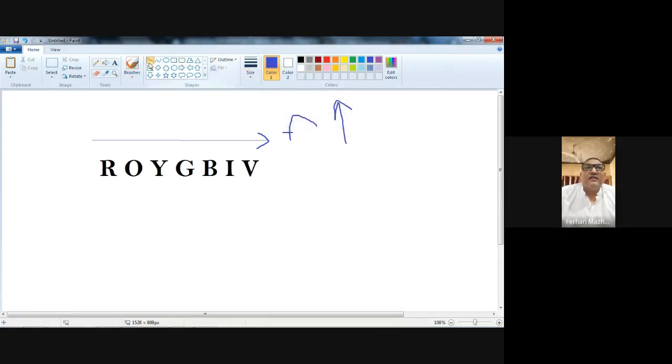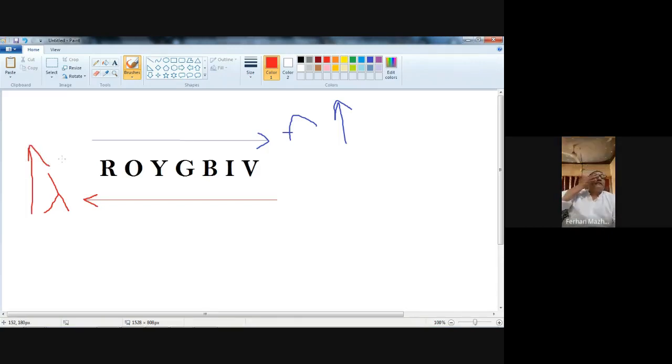And if you go in the other direction, the wavelength will increase.